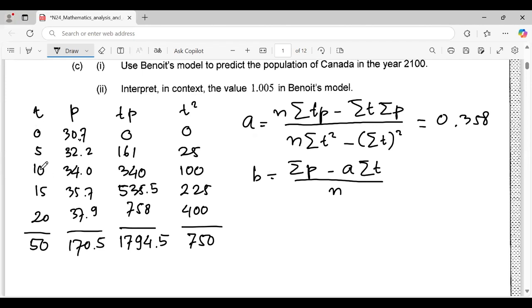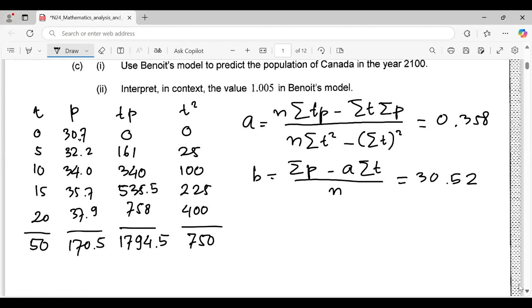N is 1, 2, 3, 4, 5. N equals 5. So you can find the result, 30.52.